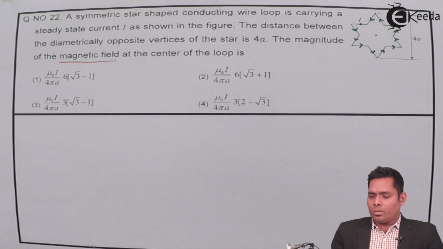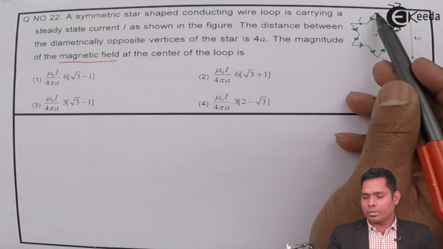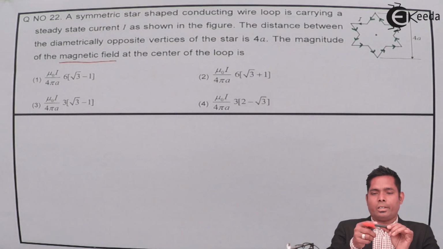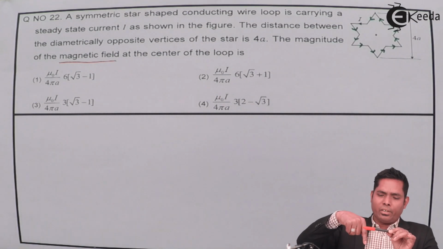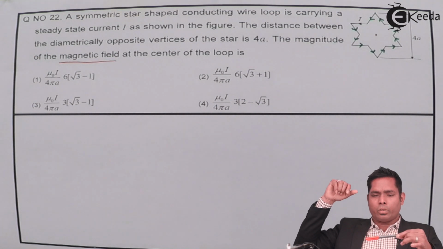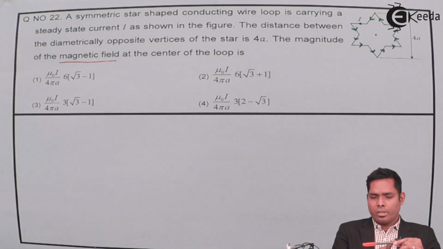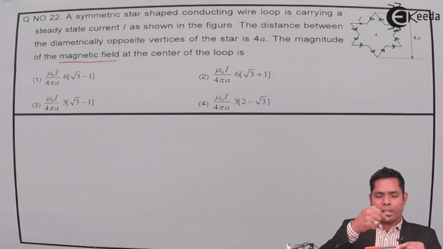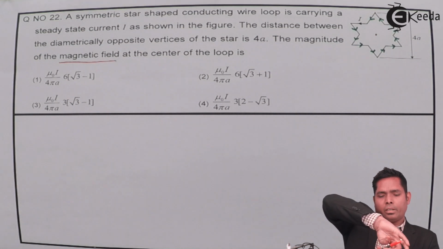Okay, now if I talk about this conductor on this side, the current is from this side to this side. If I hold the conductor like this, the magnetic field will be upward. Similarly for the other conductors, the magnetic field will be on this side.